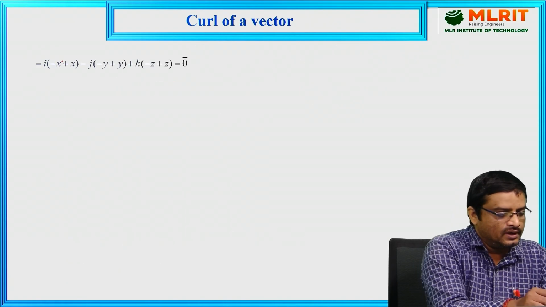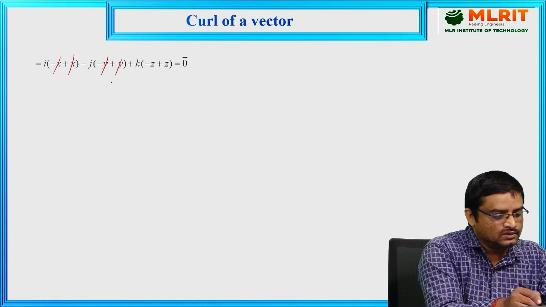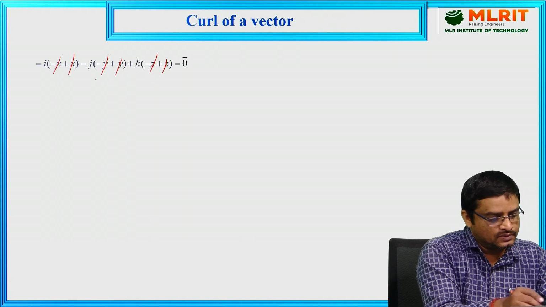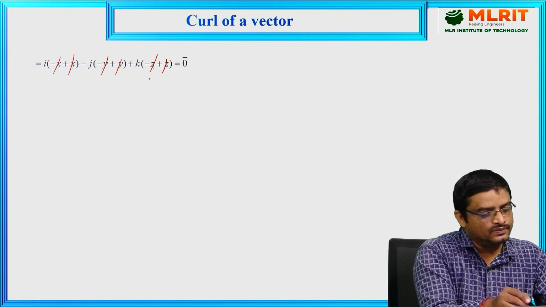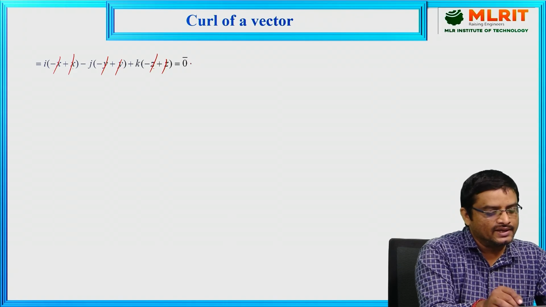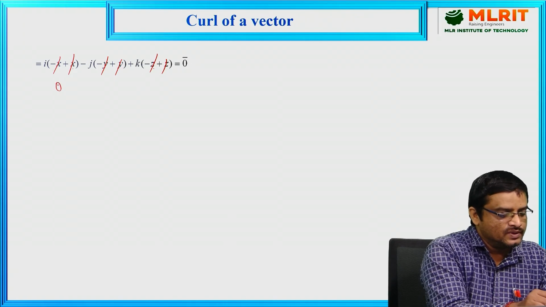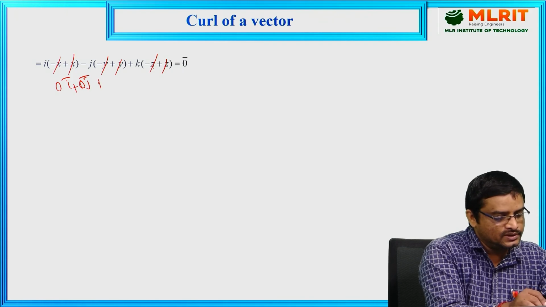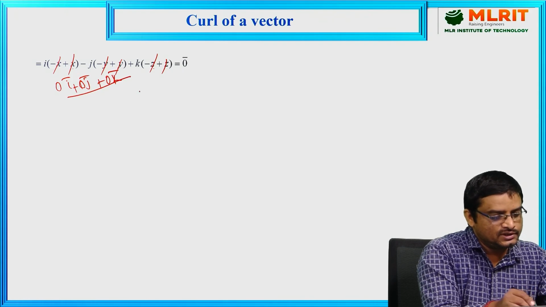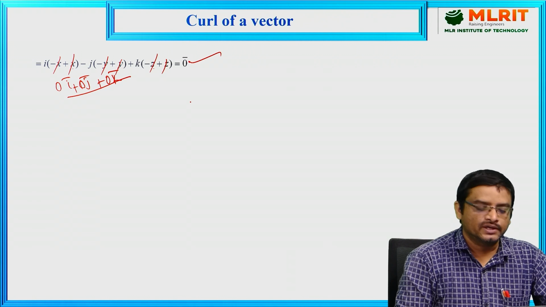So after finding this, all the y values, y plus minus x plus x, minus y plus y, minus z plus z, get cancelled. 0 into anything is 0. So this becomes 0 i bar plus 0 j bar plus 0 k bar. This is represented with the 0 vector here.